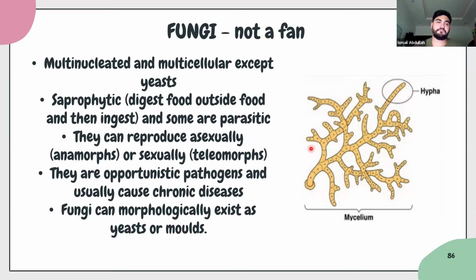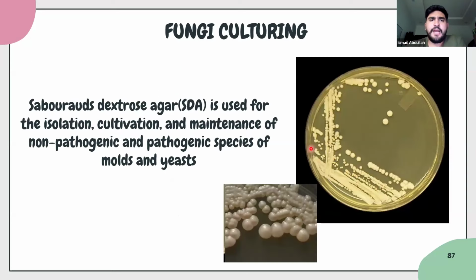Let's start. So, how would you culture fungi in a lab? The best way is the SDA agar. The SDA agar is going to give you this appearance of fungi.